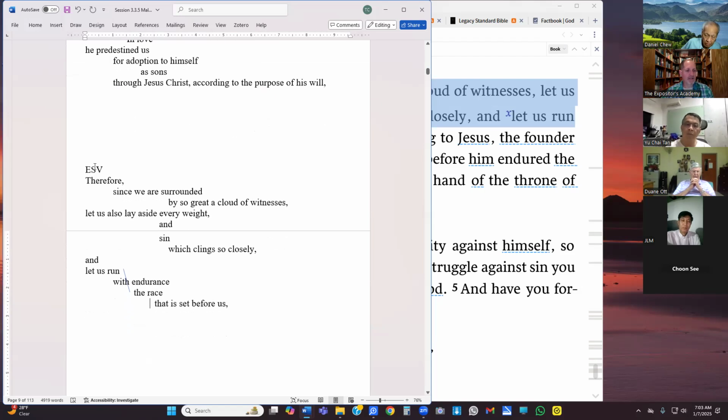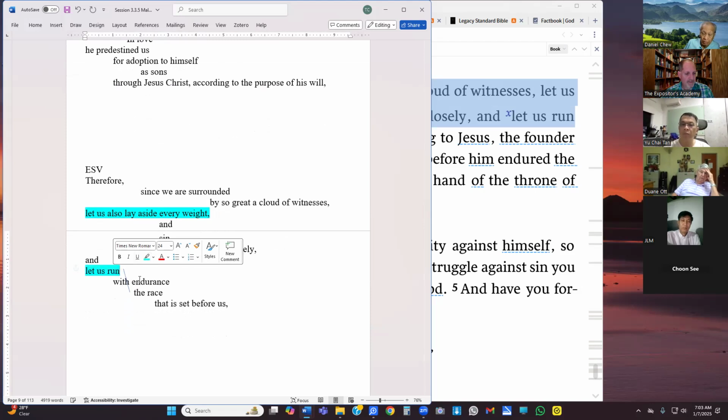Okay, so notice the ESV translation has let us lay aside every weight. That's one independent clause. And then it has a second one: let us run the race. Okay, that's the second independent clause.